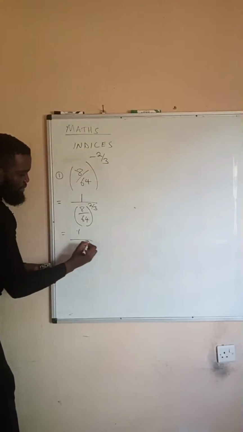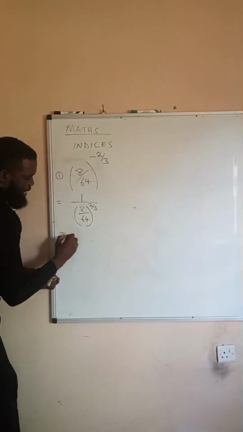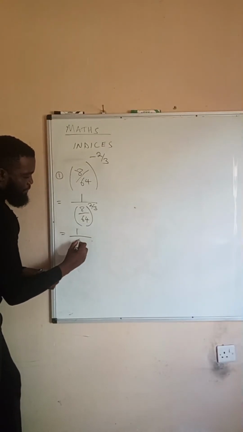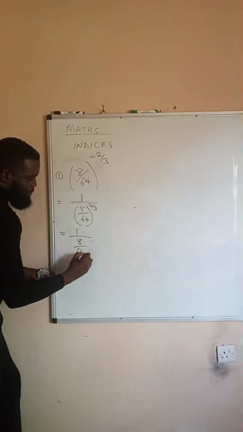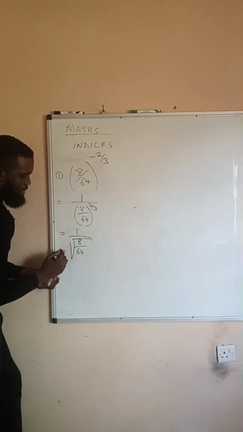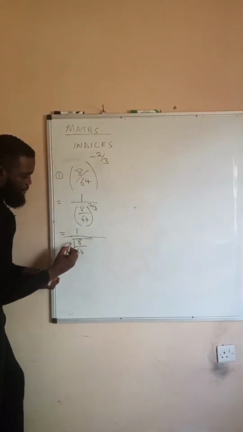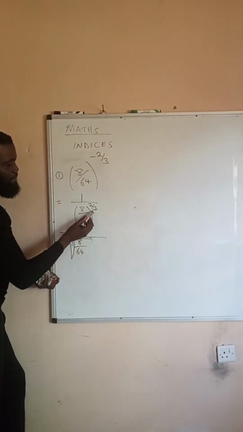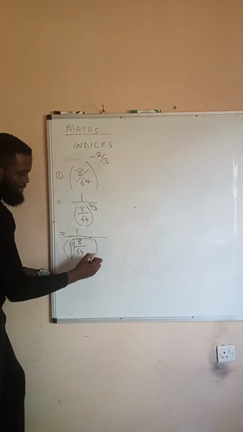You put a square root. You say 1 over 8 over 64, you put this whole thing inside the square root. The number down in the power, you bring it here in front, like this. You put brackets.